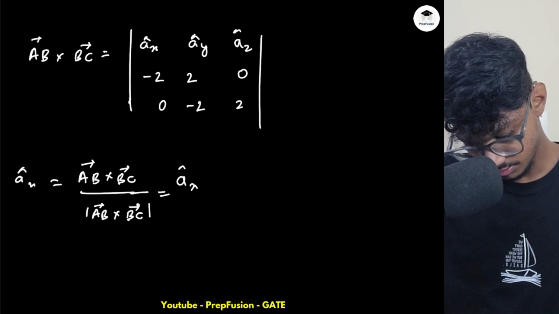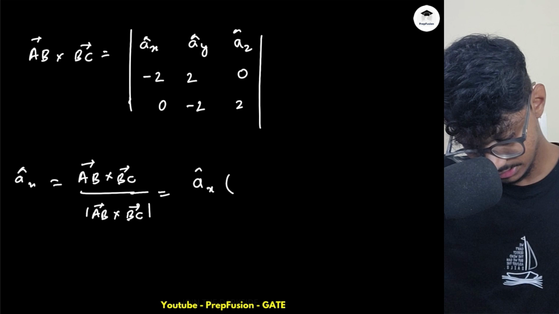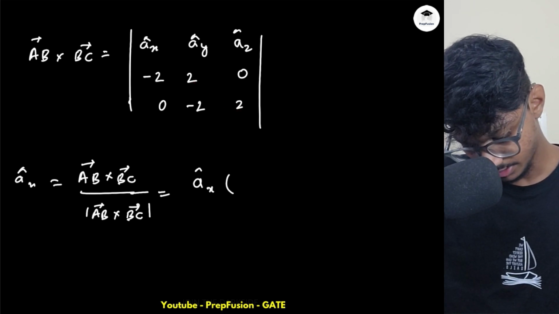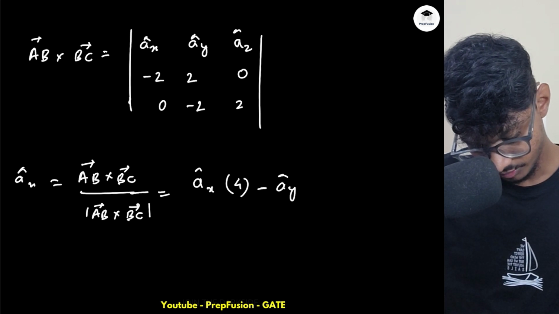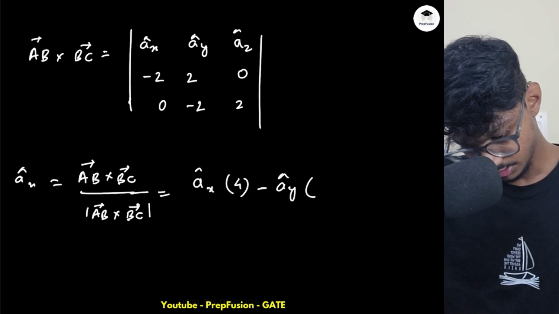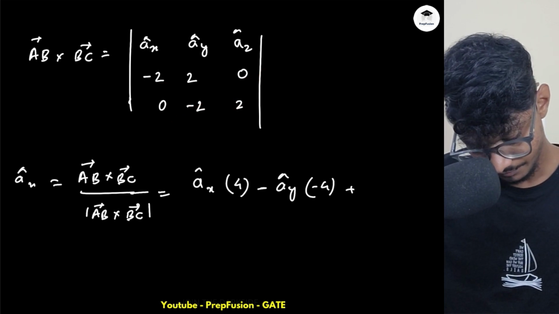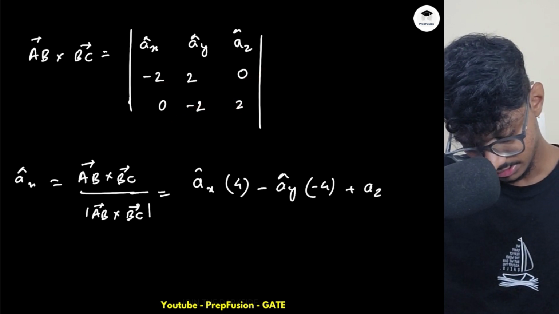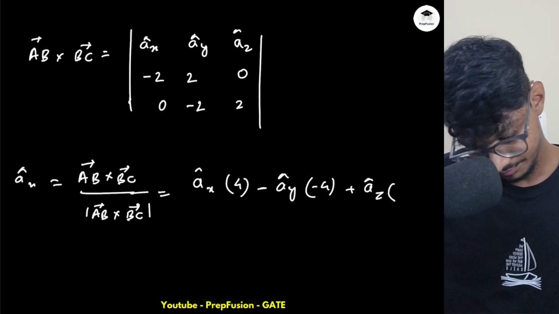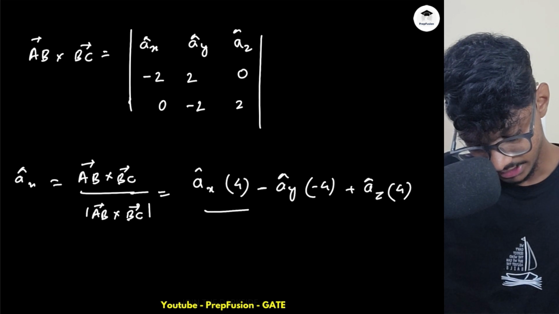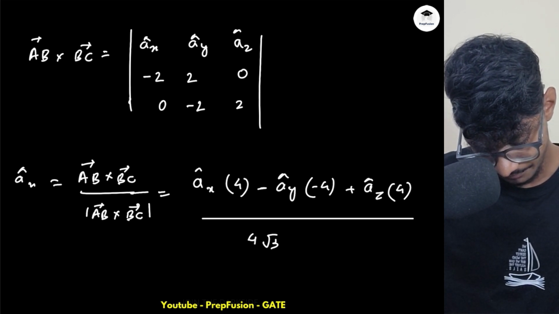This will be equal to AX, this is 2 into 2, that is 4 minus 0, so this will be 4 only, minus AY, which will be here outside, this will be minus 4 and 0, so this is minus 4, plus AZ, this will be 4, correct, and divided by the magnitude, which will be what? 4 will be common, 4 root 3.